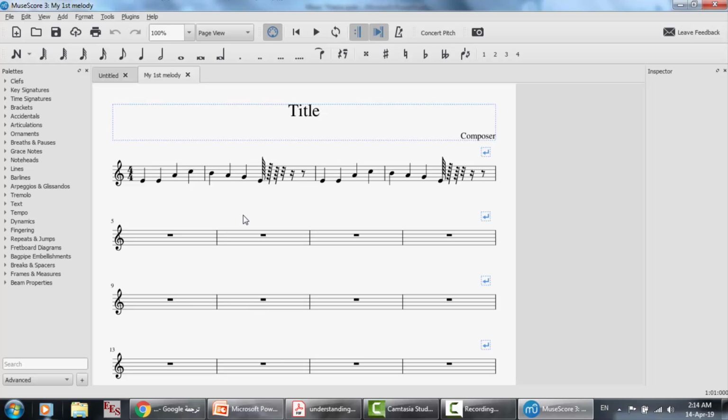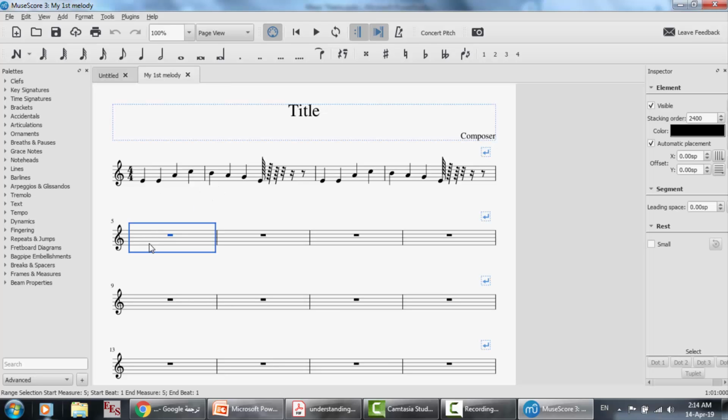And we have here my first melody, and it is just a start. Okay, and I'm gonna let you listen to it, but not now. So we have here the clef and the staff and everything we talked about. So let's see. We can here add a note.